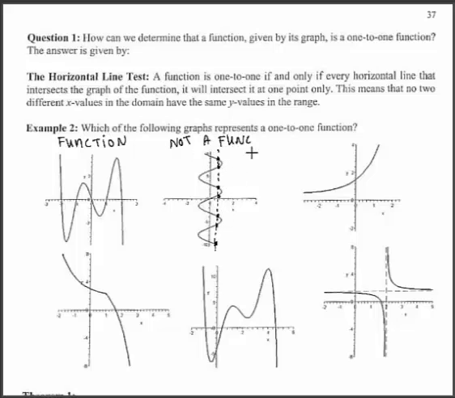So it's not a function. This curve passes the vertical line test. There is no place along the x-axis where I can draw a vertical line and hit this curve twice. So this is a function. This one we haven't seen before, but it is a function. And so is this one.